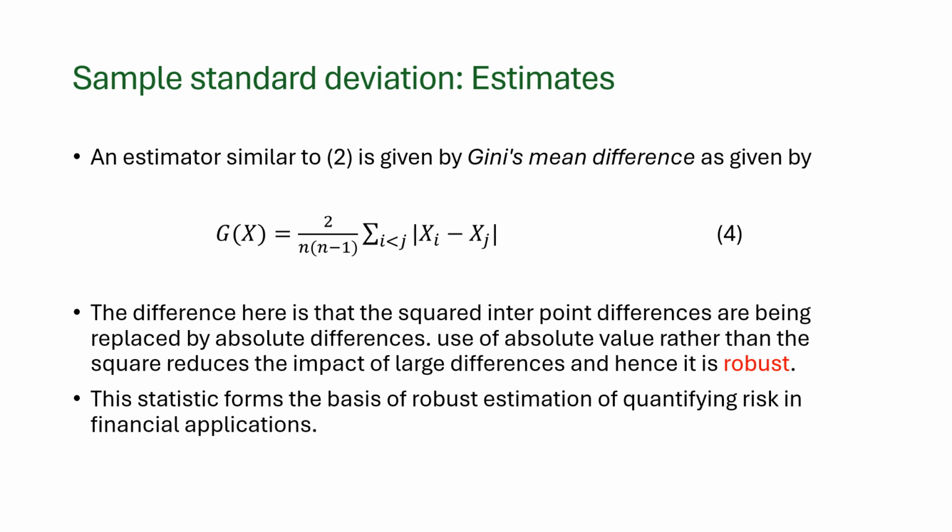It's very important, very powerful and very robust. The best part of this estimator is that it is robust, and that's the reason why it is considered in quantifying risk in financial applications. But unfortunately it is not very efficient.